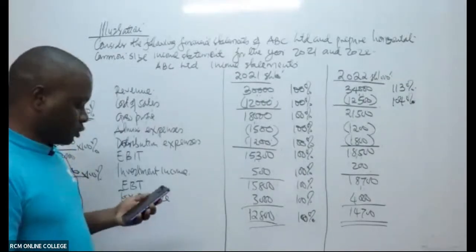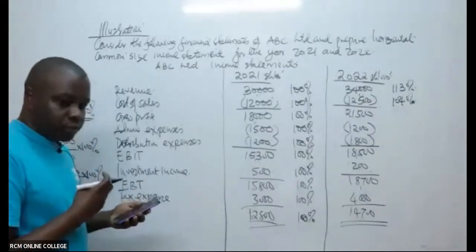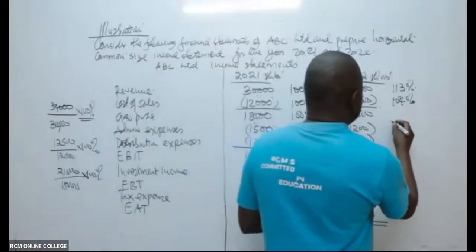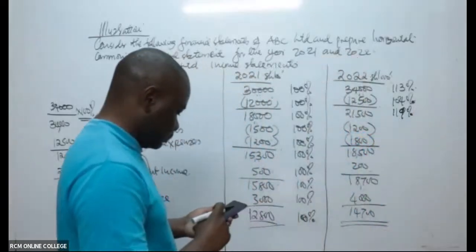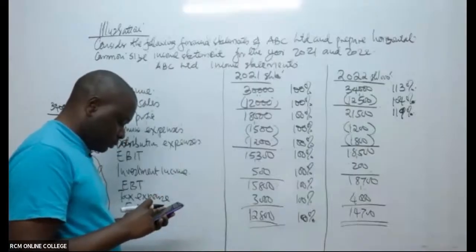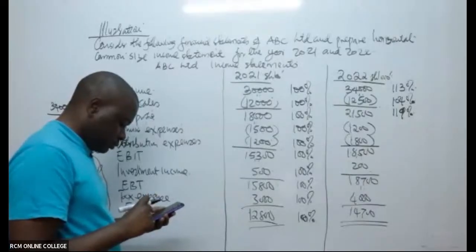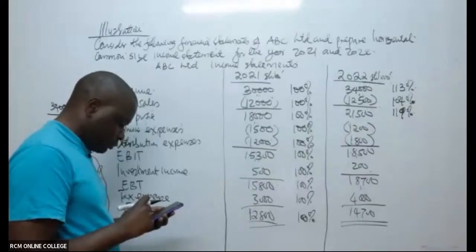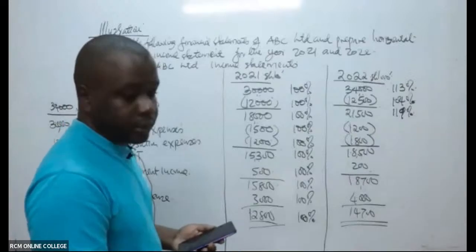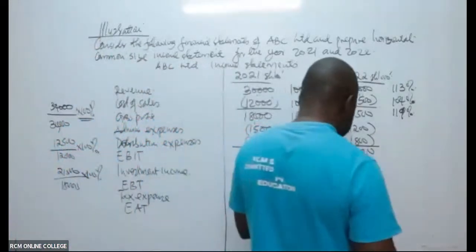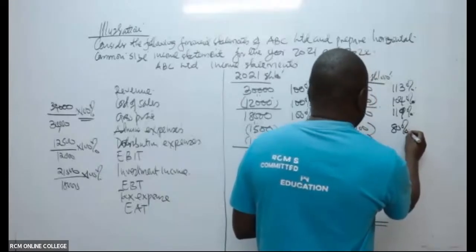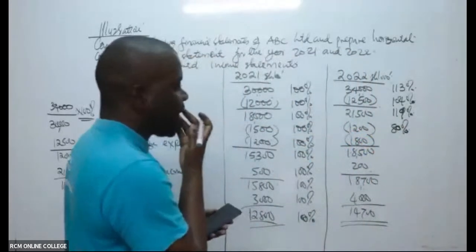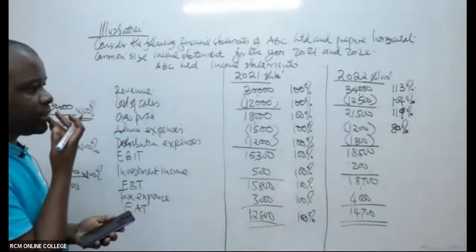What about the gross profit? I can see you're saying 119%. Then 80%. So this one is 80%.